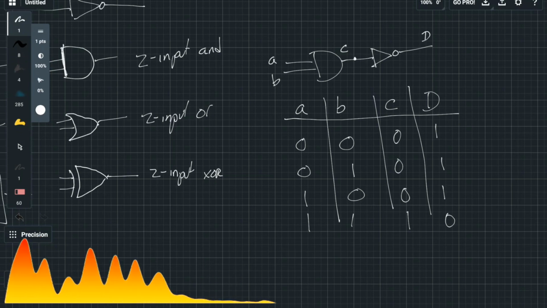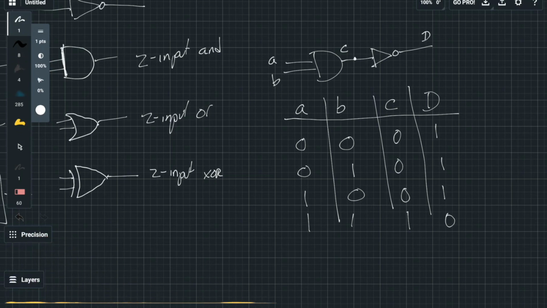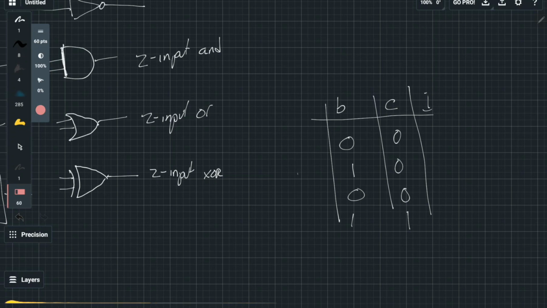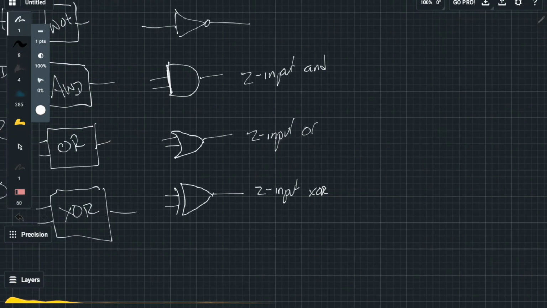This is a very common operation, so much so that they've defined other types of gates that are essentially variants of the ones I just showed you. So let me go back here and erase this, and I'll show you what the variations look like. And again, I hope I haven't lost you here.